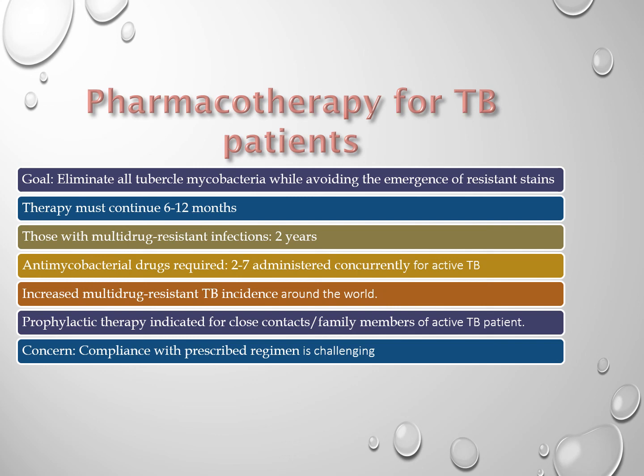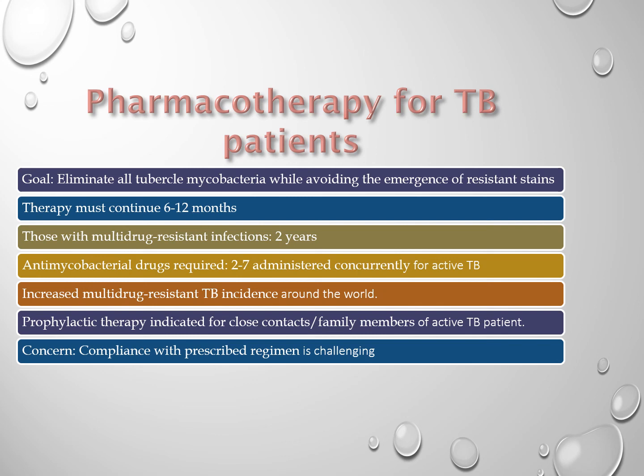And typically for active tuberculosis, it's never a matter of taking one anti-tuberculosis medication. It's a minimum of two, and often it's three or four at the same time to try and suppress the bacterial activity.